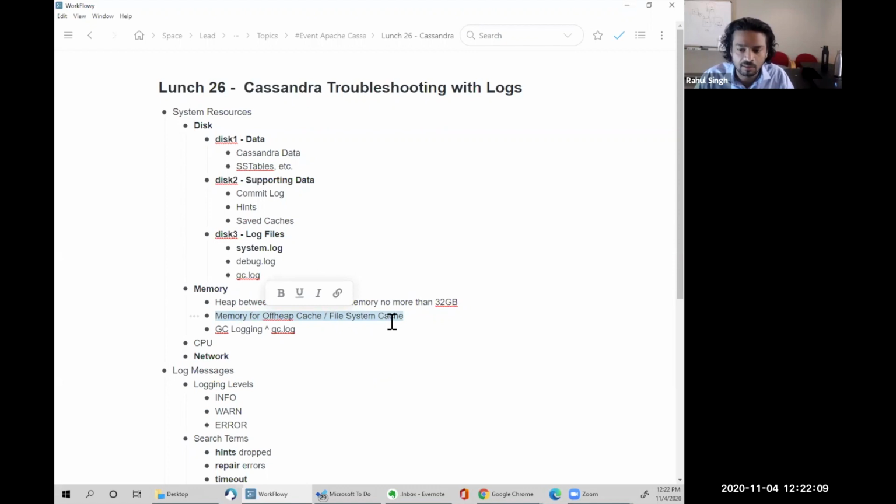Memory can be a bottleneck, but there's a kind of a threshold at which if you have more memory, it can become a problem. And it ultimately comes down to garbage collection. You can have a lot of memory, and what that means is the garbage collection is going to take longer and longer, and that could create pauses if you're using the JVM.